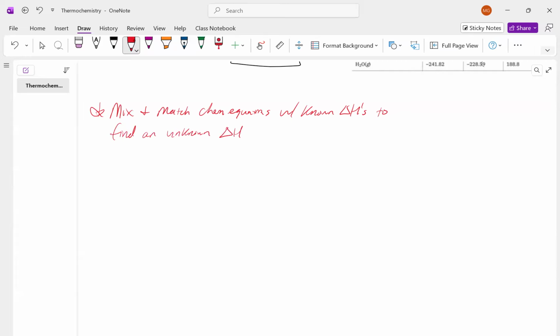I'm going to use the exact same reaction as before. So let's copy this back down again. And again, we're going to calculate the delta H for this reaction.